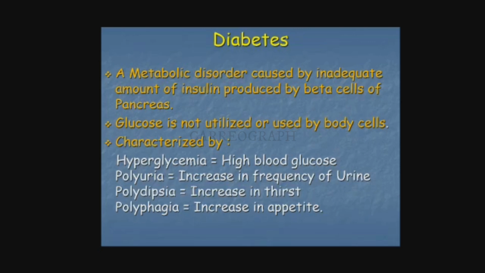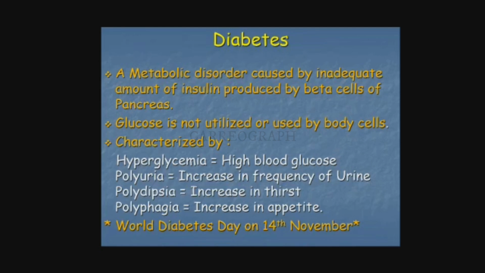Friends, India is considered the diabetic capital of the world. Observing this high number of diabetic patients in our country, the world has decided to create awareness about this disease, and thus we have World Diabetes Day on 14th November.